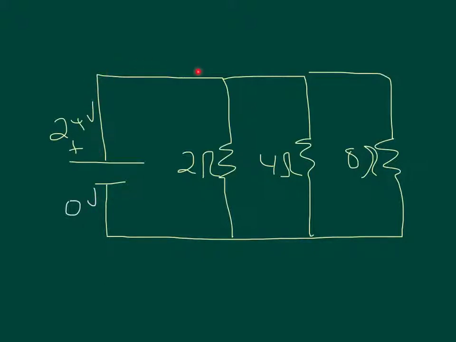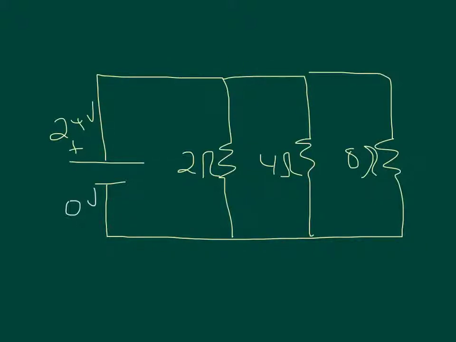So around this loop, 24 volts. Around this loop, 24 volts. Around this loop, 24 volts. Amazing. Every time they leave the family home and complete a loop, they must use all their voltage.